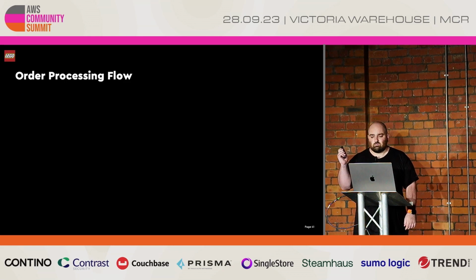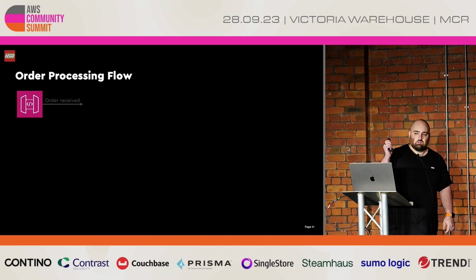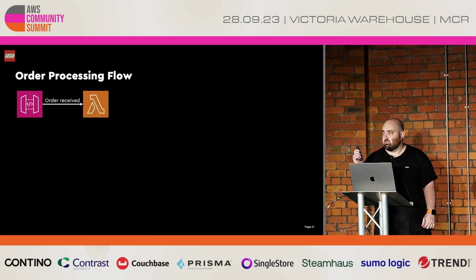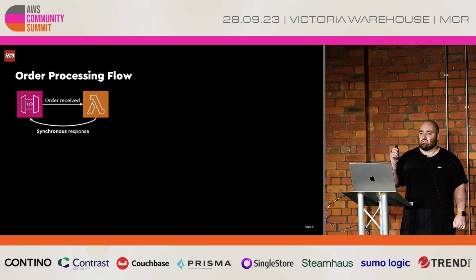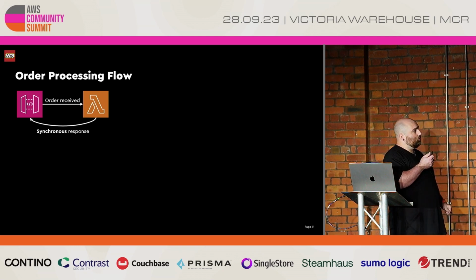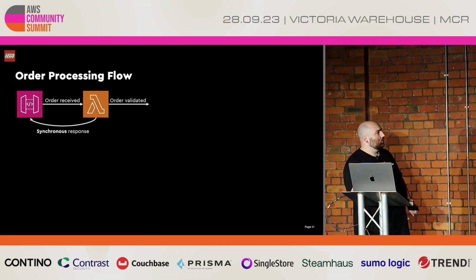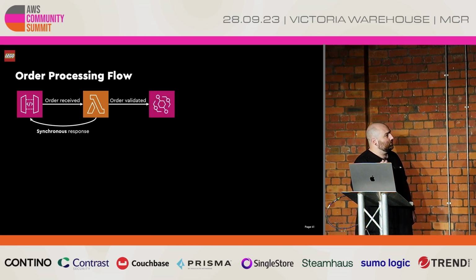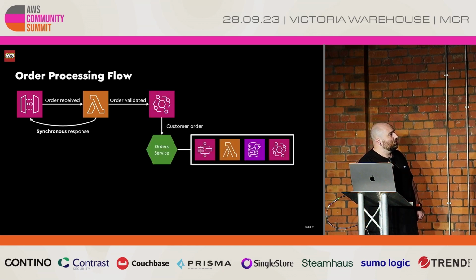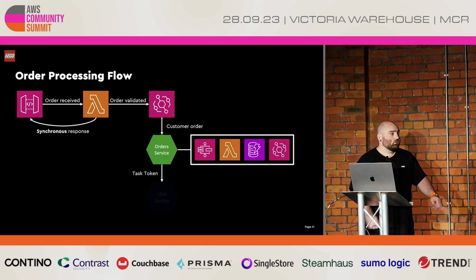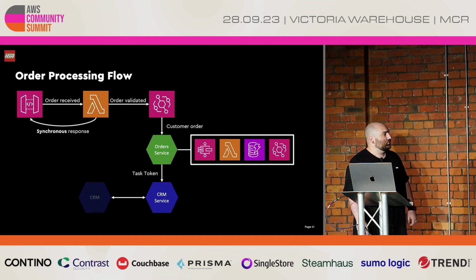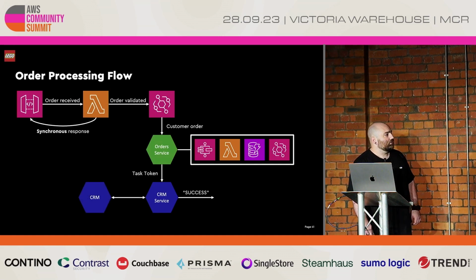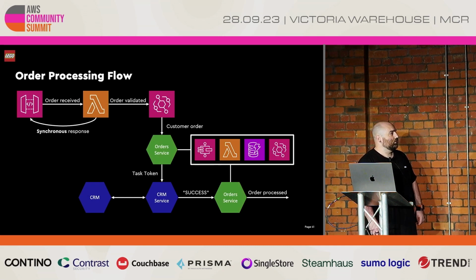So the order processing flow, where we have our order received, and we've got the synchronous response coming back through to the API gateway, and our order is being validated, and the event is going through to our order service, and then our good friend the task token comes in, goes and runs its checks via the CRM service to the CRM, gets its response back, goes back to the order service, and then we get our order processed event dispatch.